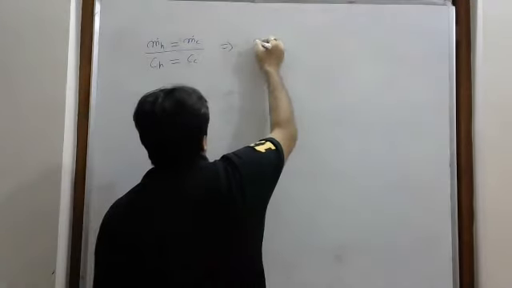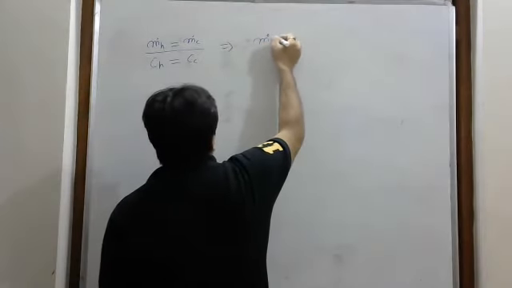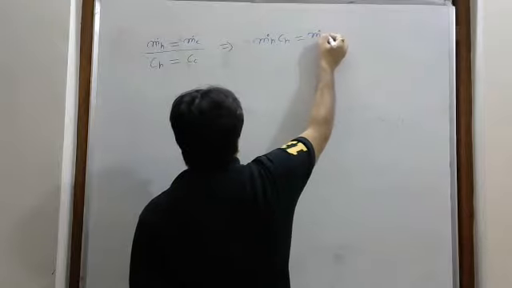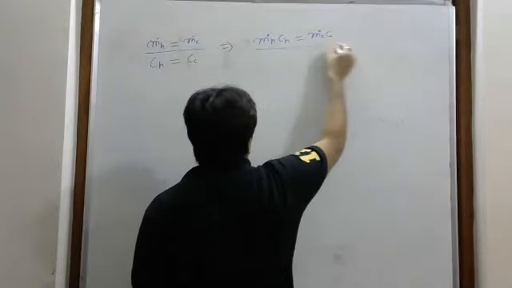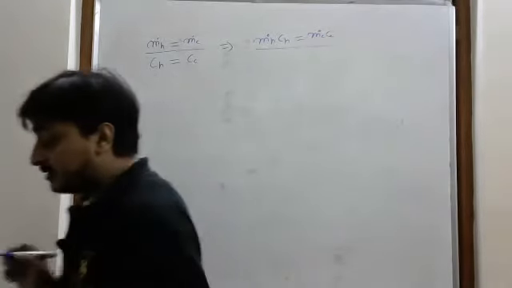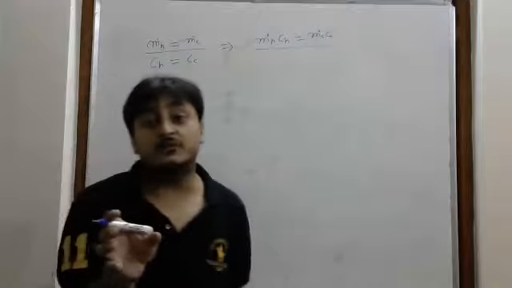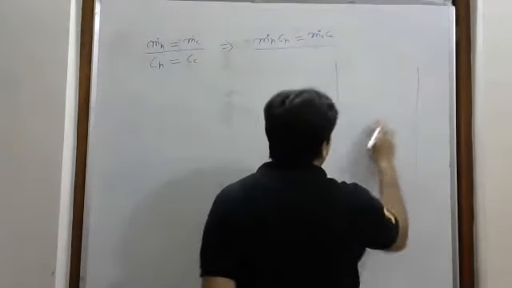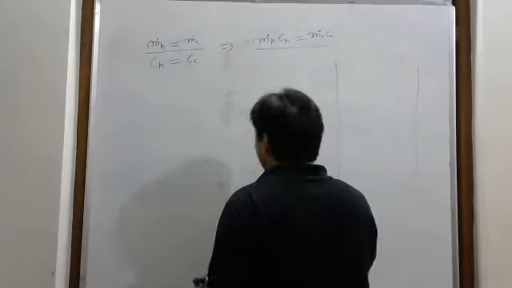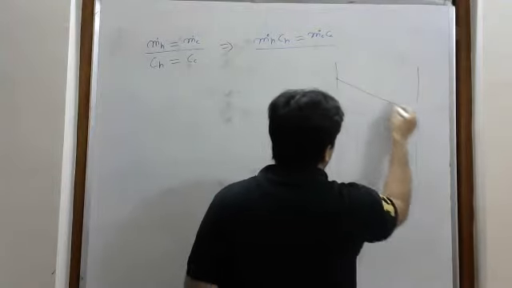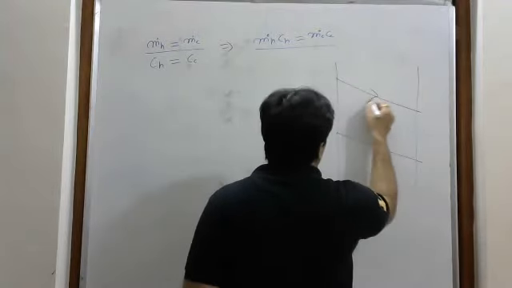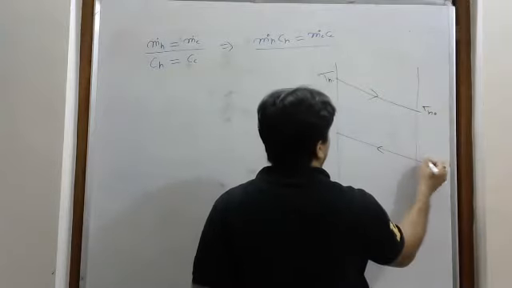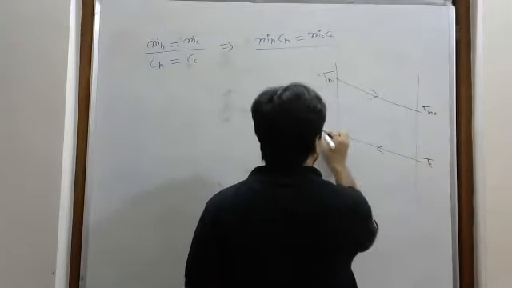So mass flow rate of hot times CH equals mass flow rate of cold times CC. This is the value. Now, taking this as a counter flow heat exchanger, this is hot, this is cold, with THI, THO, TCI, TCO.